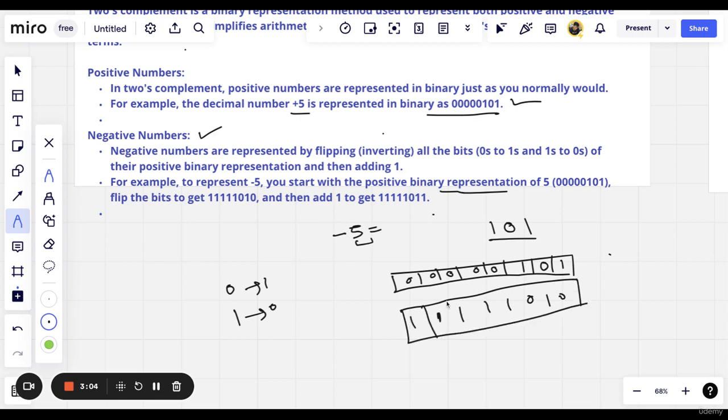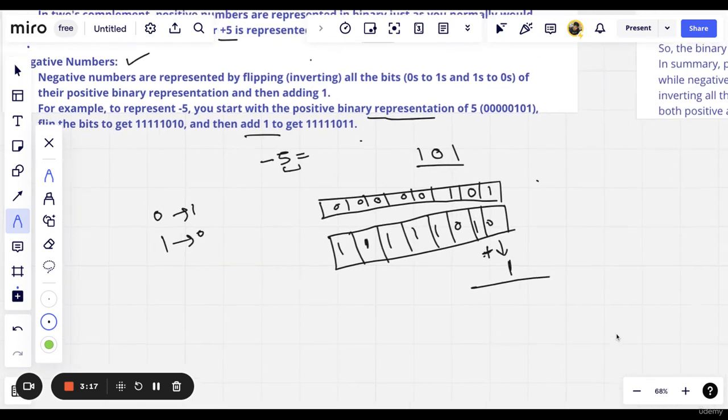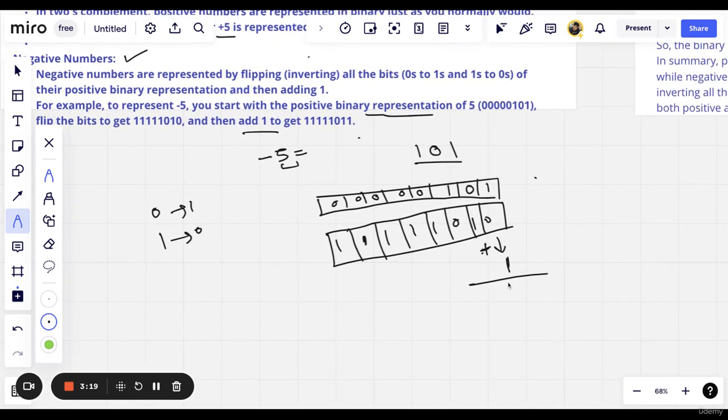After flipping the bits, you just add 1. We have done binary addition in the previous videos. So when you add 1, 0 plus 1 becomes 1, 1 plus nothing is 1, and you just write the rest of the bits as they are.